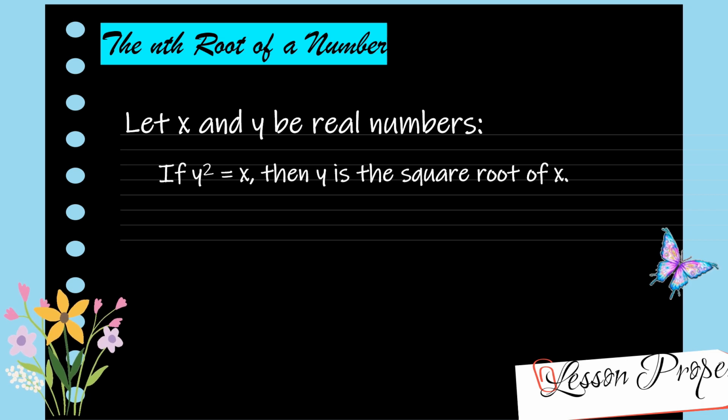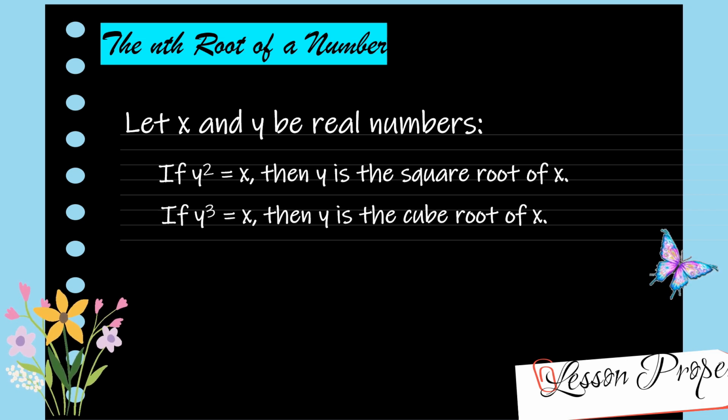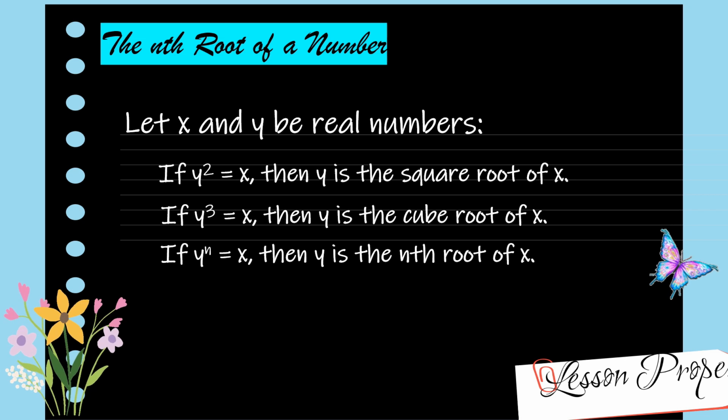If y squared is equal to x, then y is the square root of x. If y cubed is equal to x, then y is the cube root of x. And if y raised to n is equal to x, then y is the nth root of x.